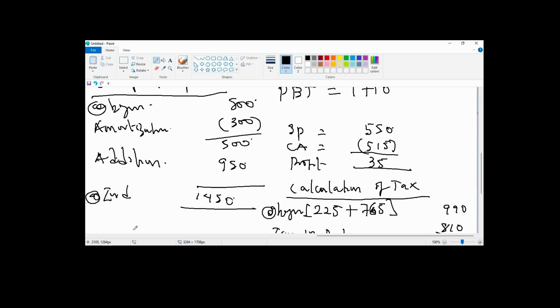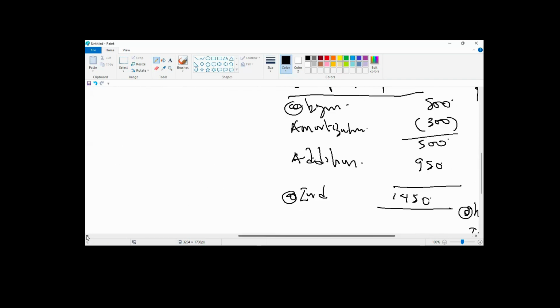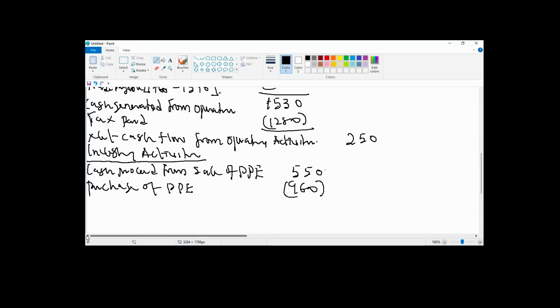I'll go there. That is all. They did not sell development expenditure. They only buy.